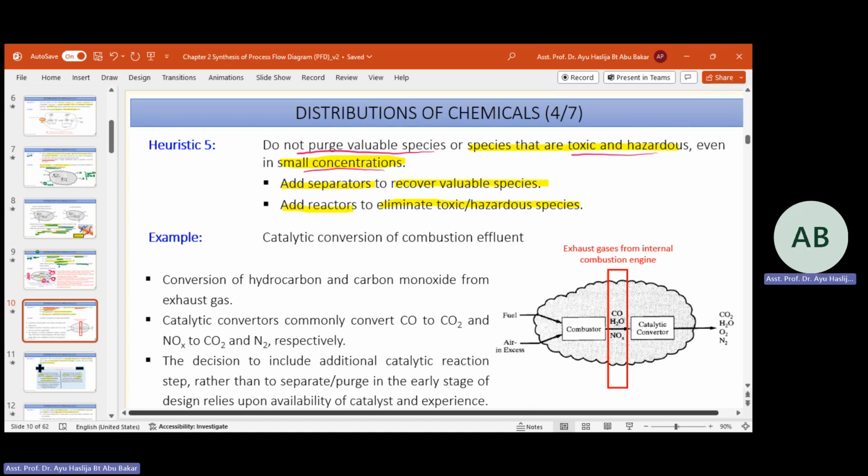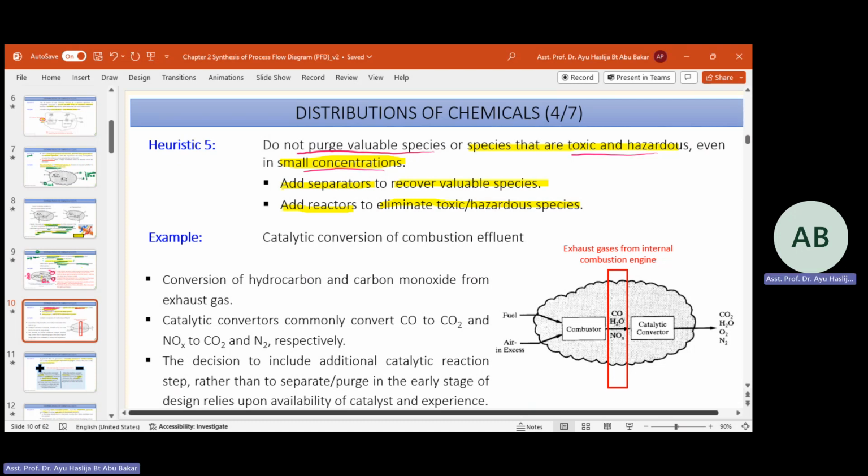Impurities in the feed, if recycled, that can be one of the reasons. Corrosion, it depends on what type of gases. Let's say like chlorine gas just now. Chlorine gas, it is toxic and hazardous. Even though it is in small concentration, then you purge out to the environment.